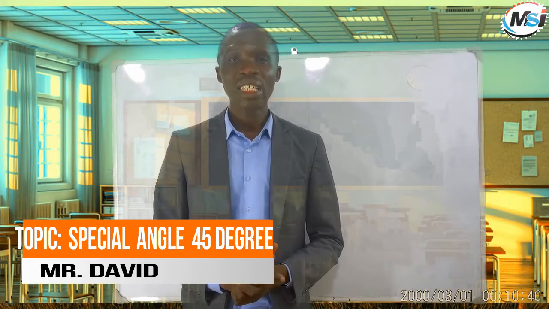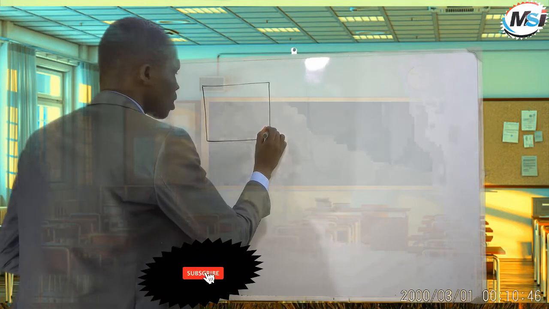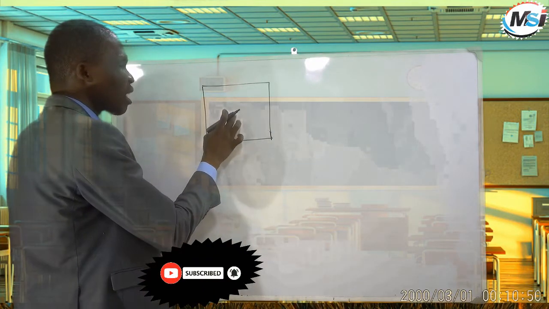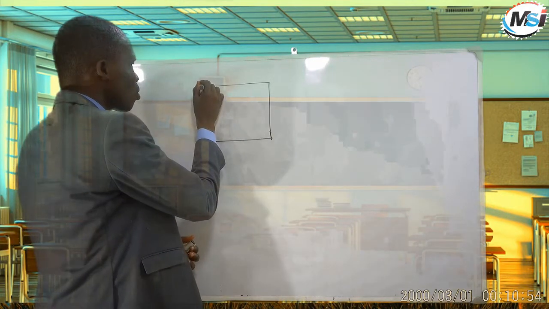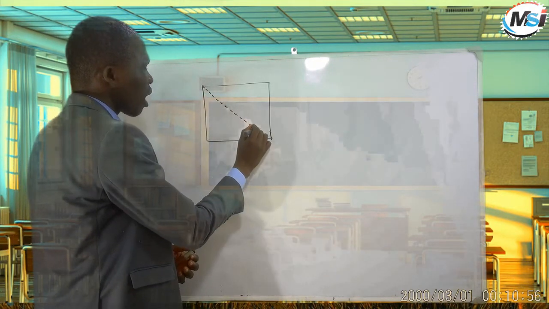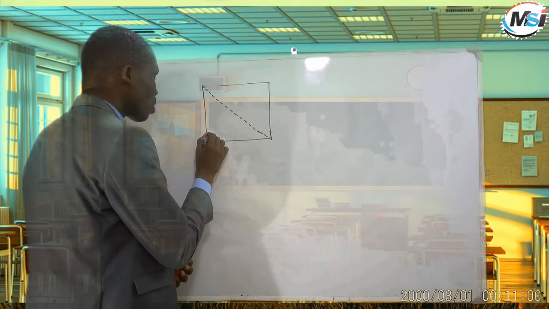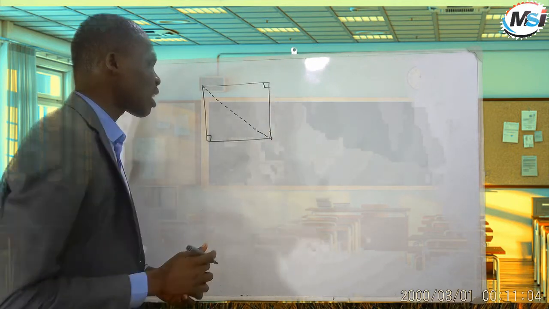Now consider a square. A square like this. Now, if you look at this square, if we divide it into two, we are going to have two right angle triangles, with angle 90 here and angle 90 here.